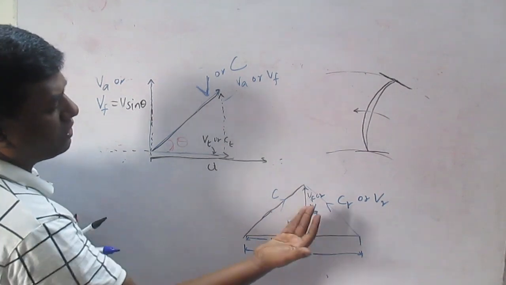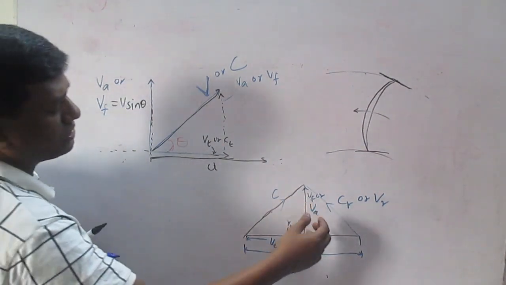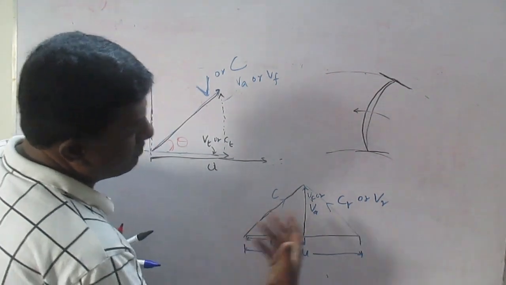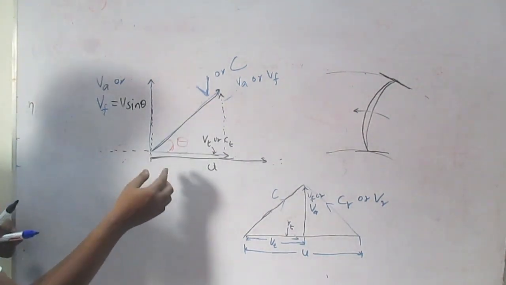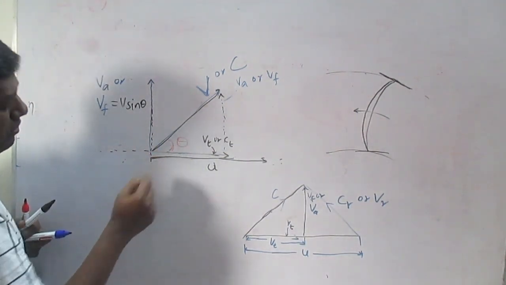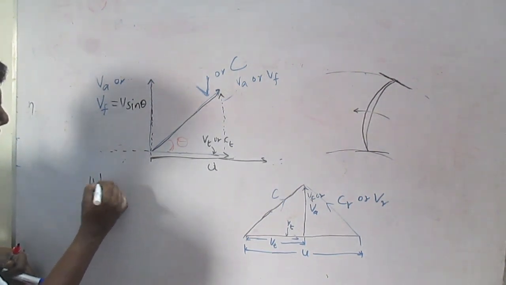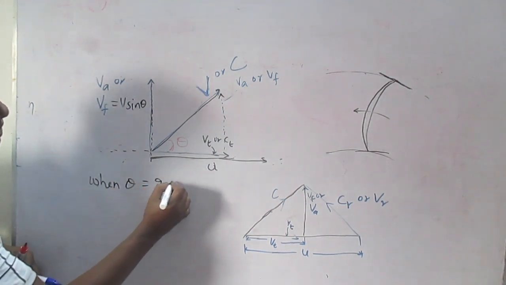This relative velocity may have different positions. So relative velocity may be here or here. It depends on the conditions. As for example this theta, when theta equals 90 degree, then what happens?